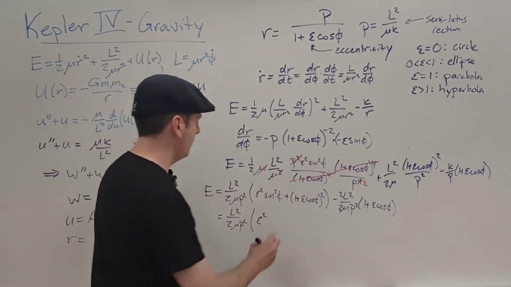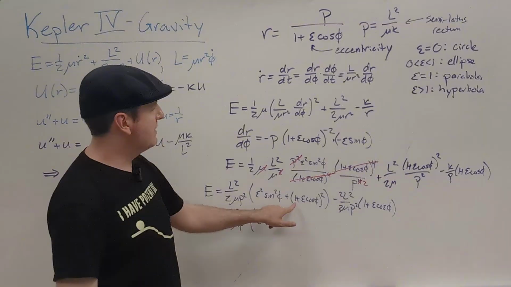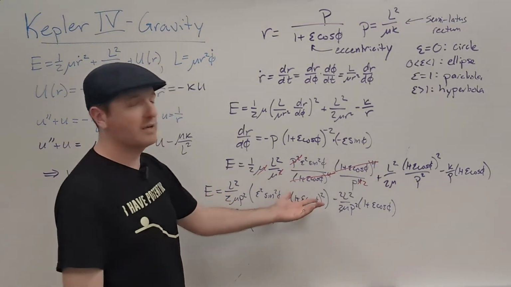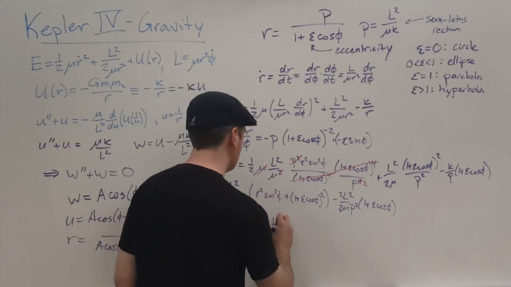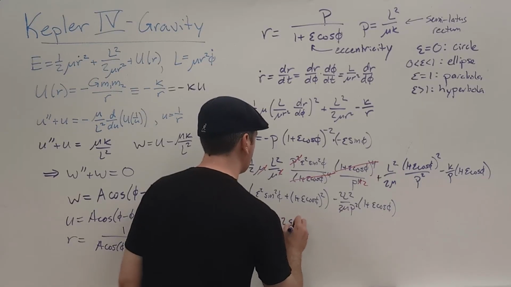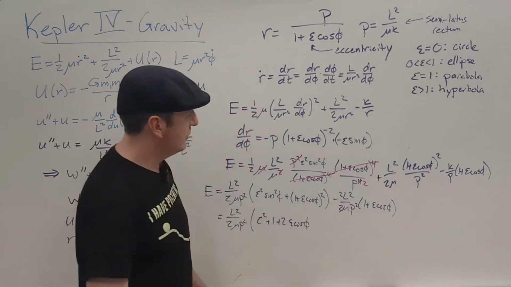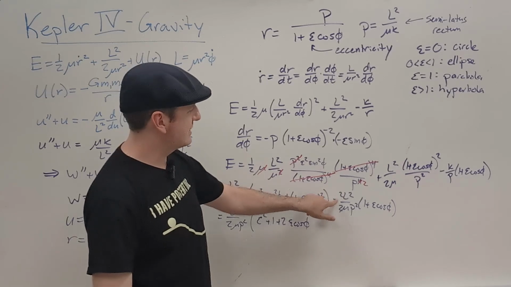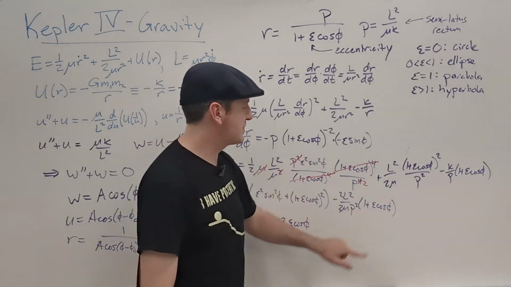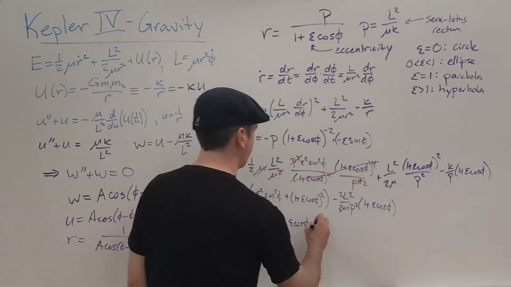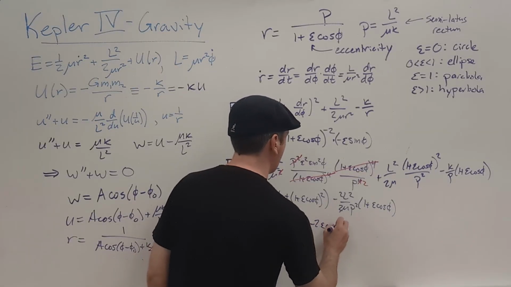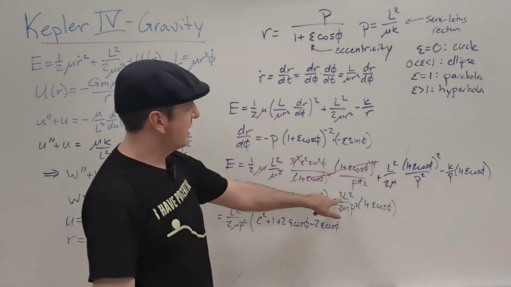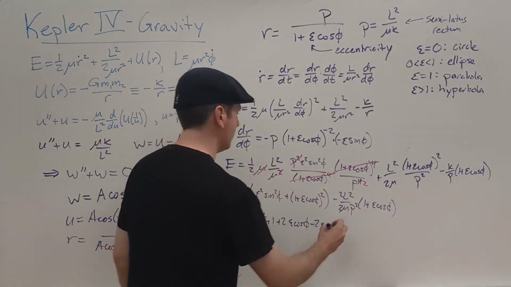This 1 will give me a plus 1. And then this binomial squared will also give me the cross term of 2 epsilon cosine phi. But look, I also have a minus 2 epsilon cosine phi. And don't forget, there's also this minus 2 times 1.